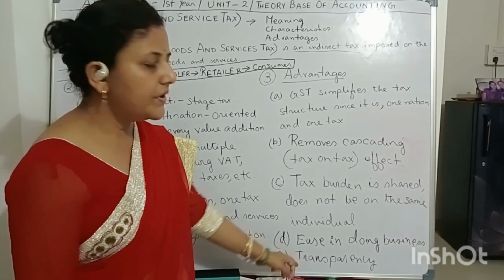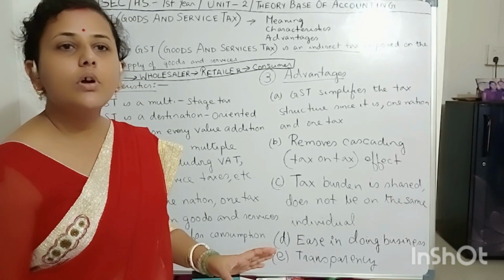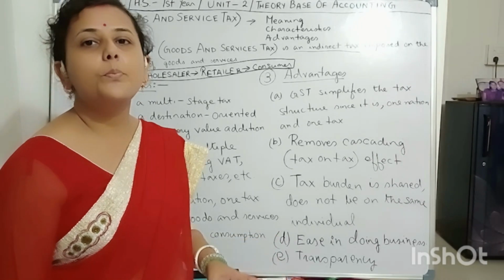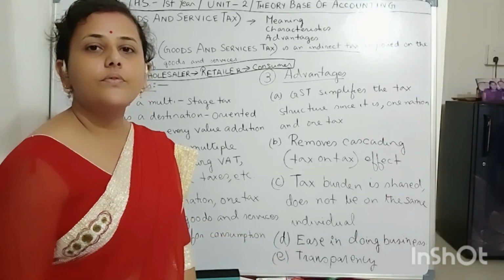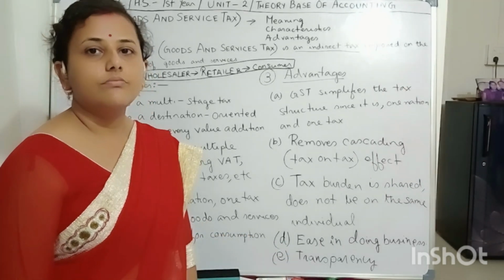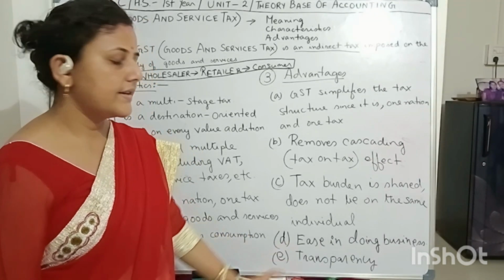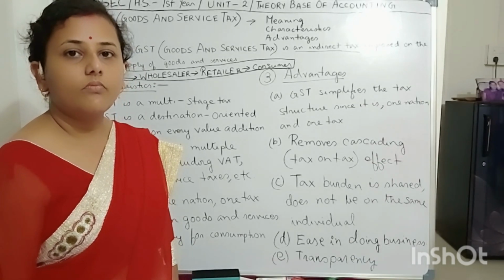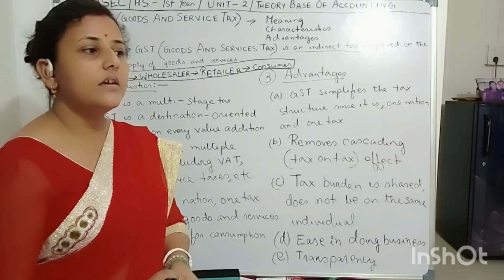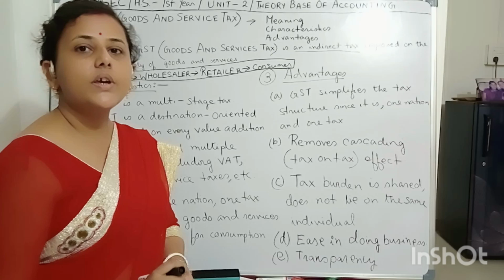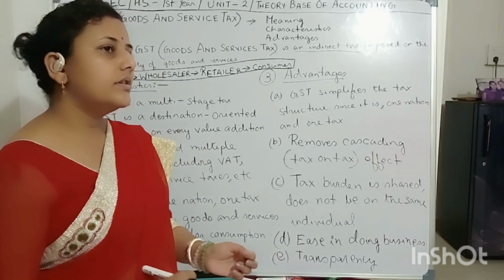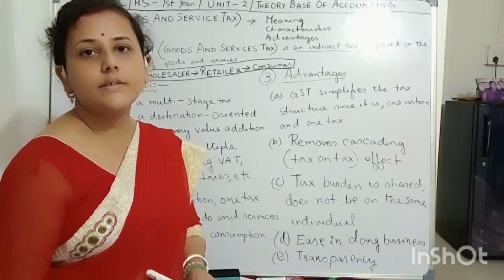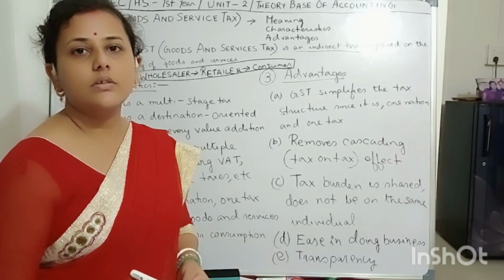And then transparency. Transparency means what? One can have a very clear picture of tax calculation, that is indirect tax calculation. One can very easily see what the cost price is, what the profit margin is, and what the indirect tax, that is GST, charged is.